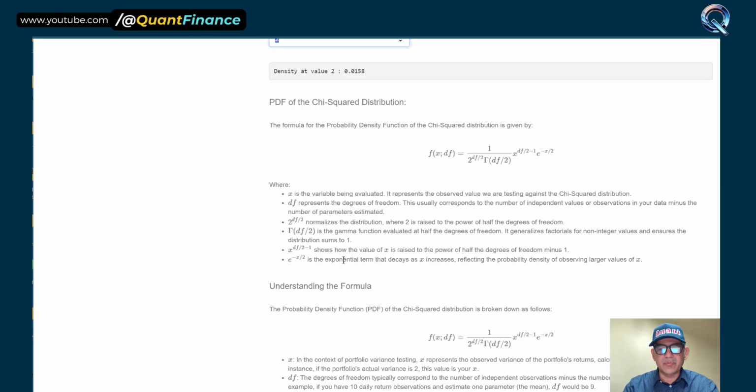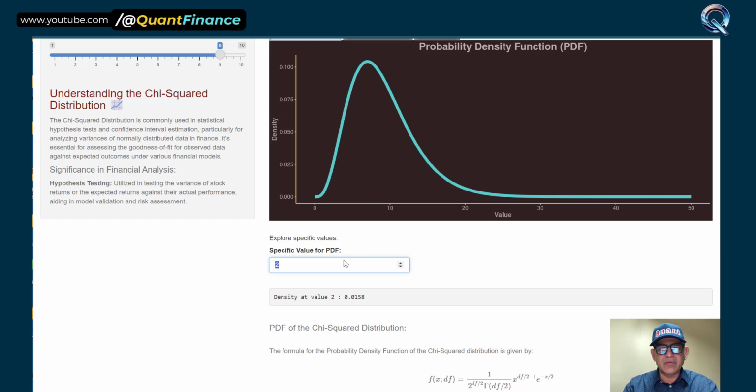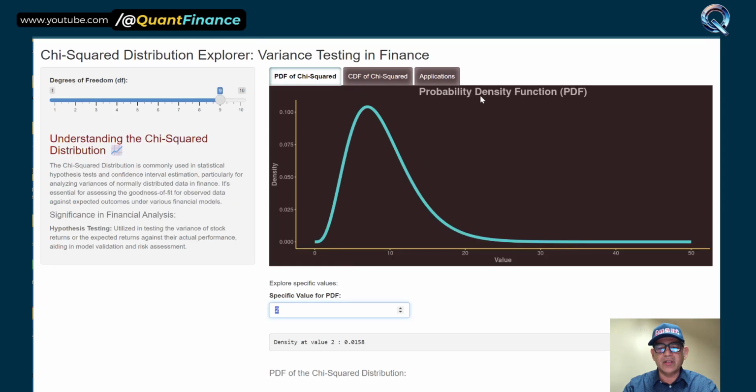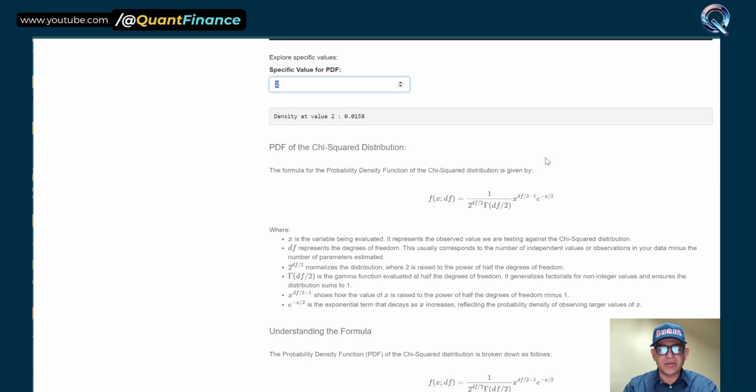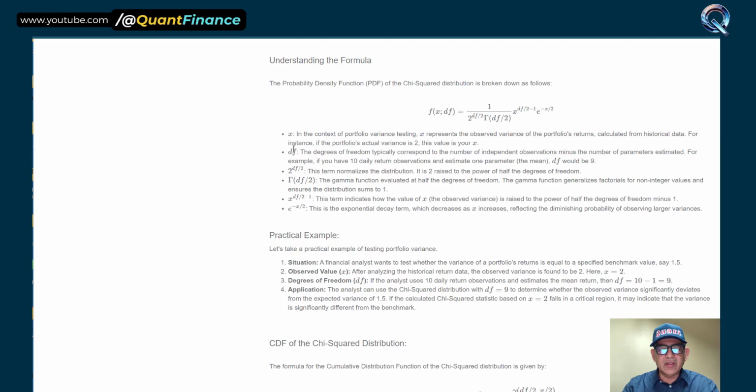This is the input that goes into this web app, which is plotting the PDF, the probability density function, of the chi-square distribution.